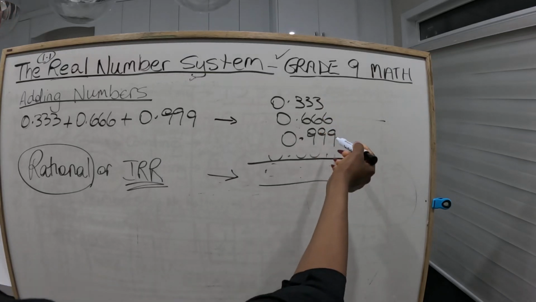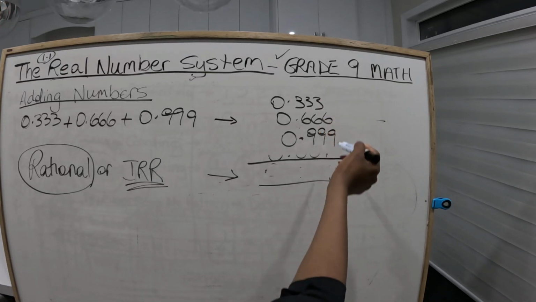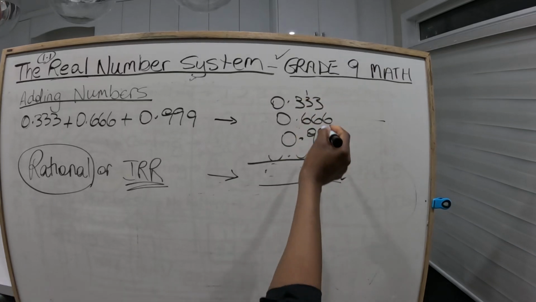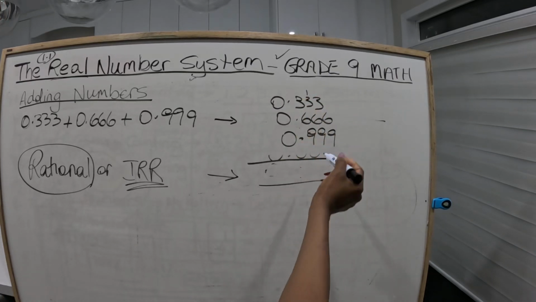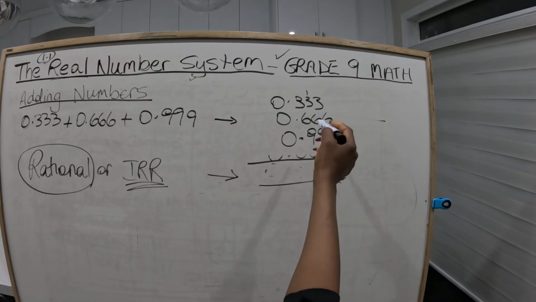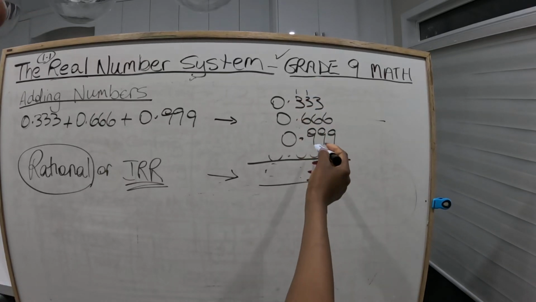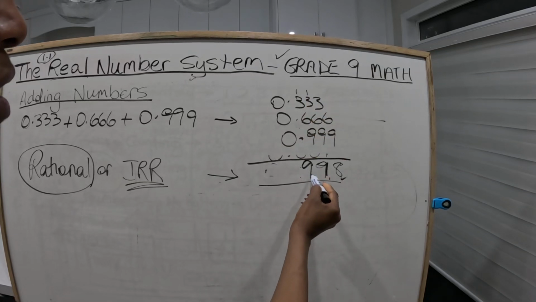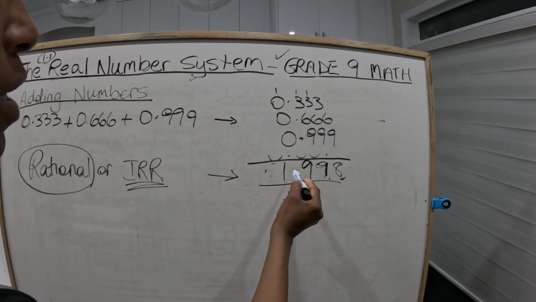So you're just adding 9 and 6, 15. That's 18. Carry the 1. 9 and 6, 15. 18. That will be 19. And same thing. 19. Carry the 1. That's it.